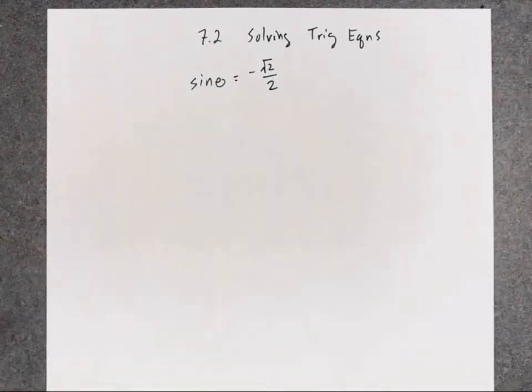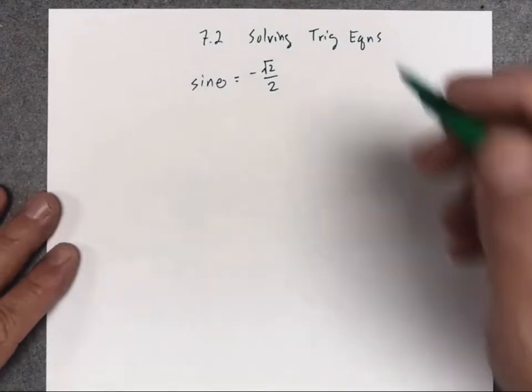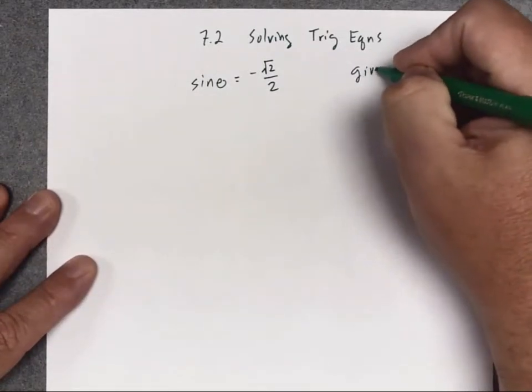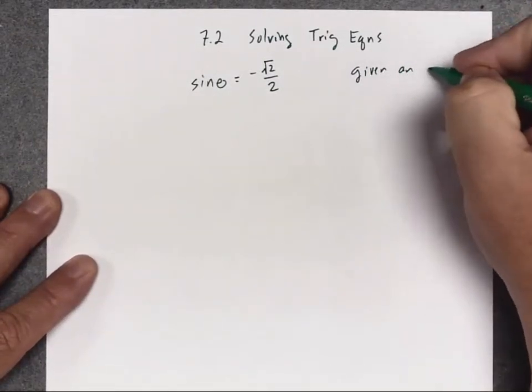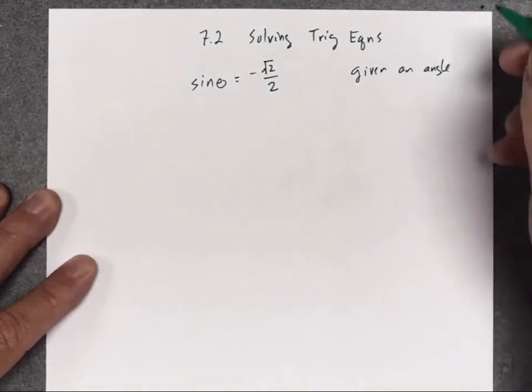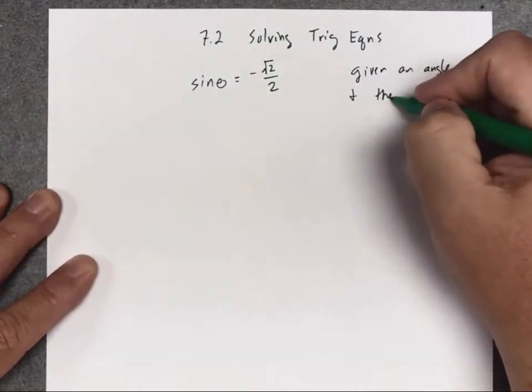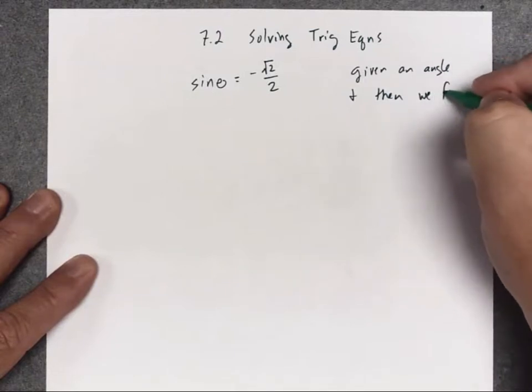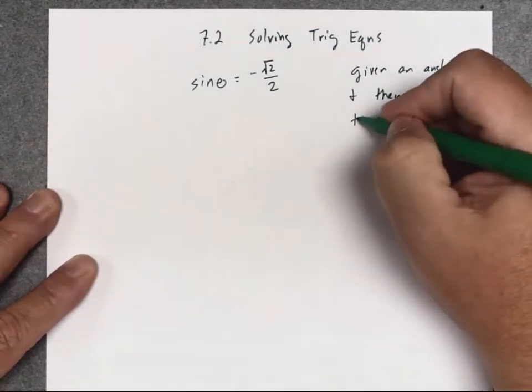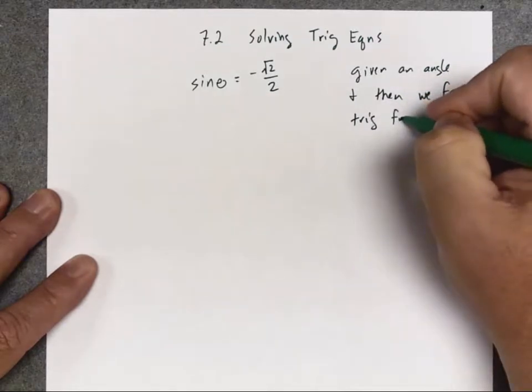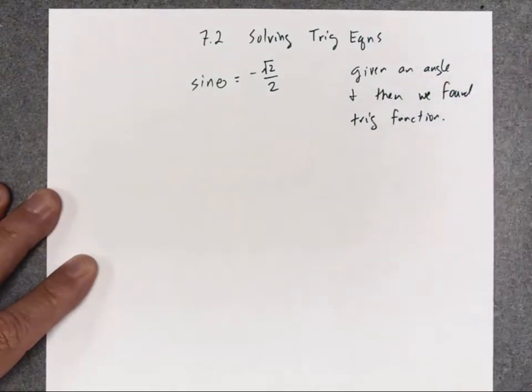Now actually, let me talk about this for a minute before I list the rest of the equations, because up until now we have learned about trig functions, and what we basically have always done was we were given an angle and then we found the trig function.